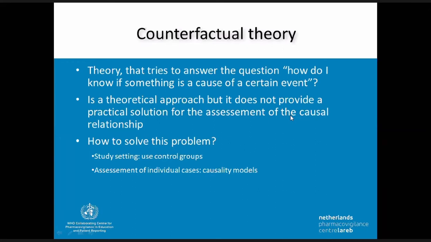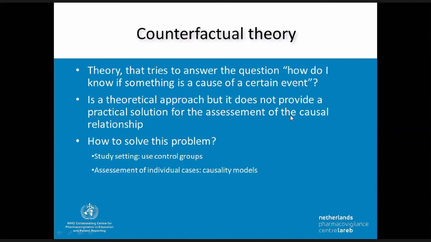In trying to assess whether this drug caused an adverse drug reaction, a control group is where you obviously do not give the drug to these people. They could be healthy and not given a drug.